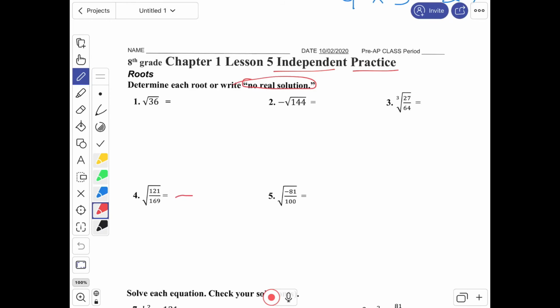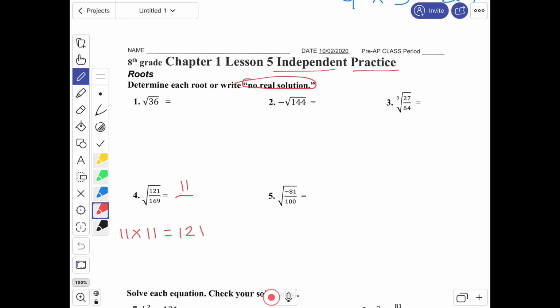Okay. Let's look at number 4. What would be the square root of 121? Because remember, you take the square root of the numerator and then the square root of the denominator. What number times itself equals 121? 11.